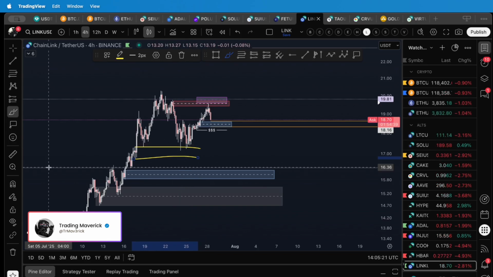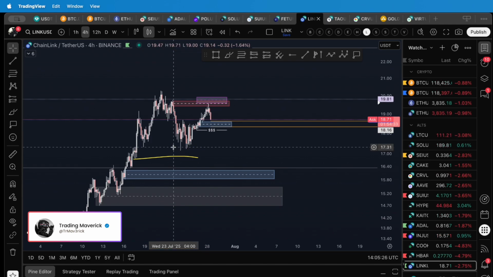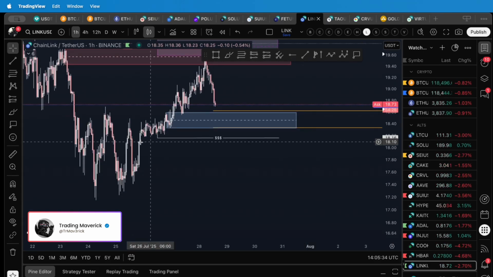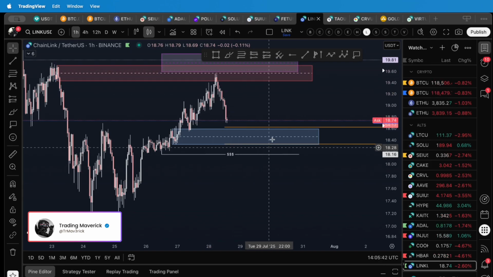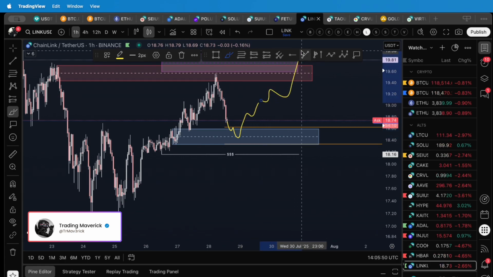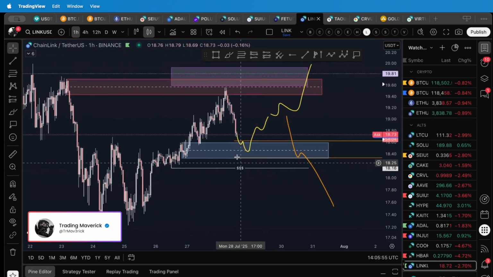It was a little bit choppy, but still you could get like a 10% move up. So right now we have weekend lows here, so that can maybe get a sweep, but I had this blue box for a potential long, maybe something like this, and it bounces up, and then either we push up or make new lows. So yeah, that's maybe a little bit of a plan for Link.